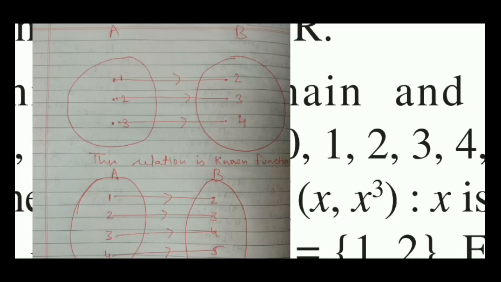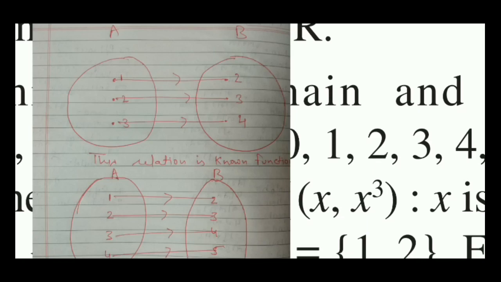You can see the very first example. Here there is a relation from A to B, and you can see 1 has a corresponding image in B, that is 2, and the second element of set A, that is 2, has its corresponding image 3, and the next element 3 has a corresponding image in set B, that is 4.